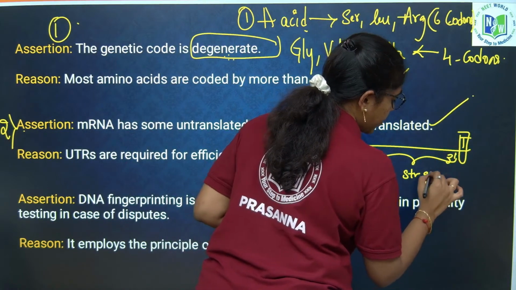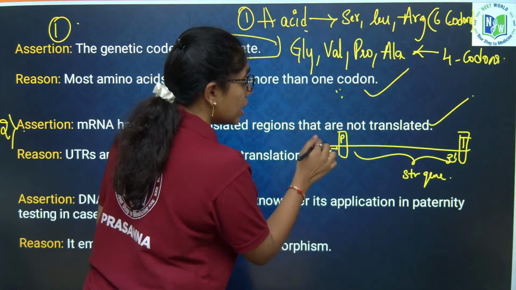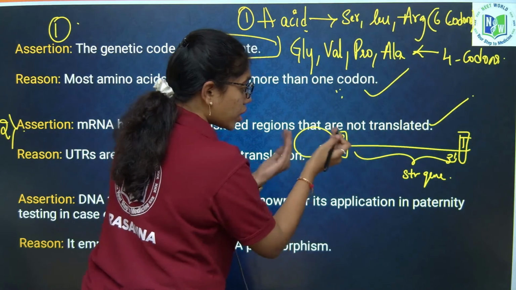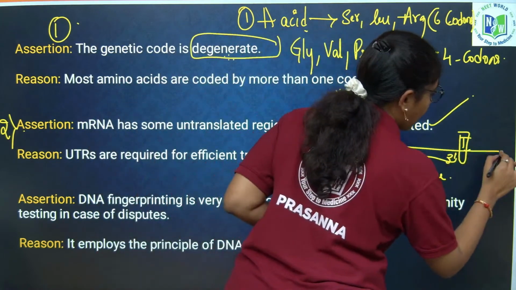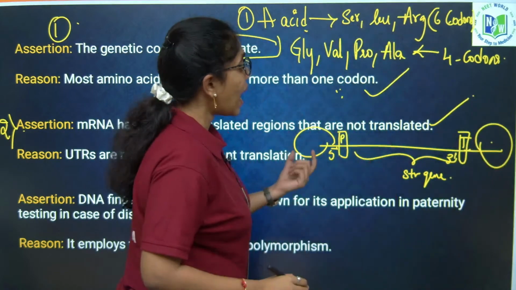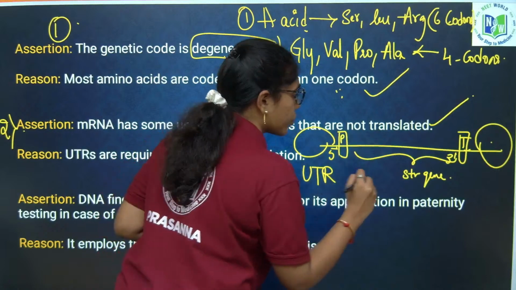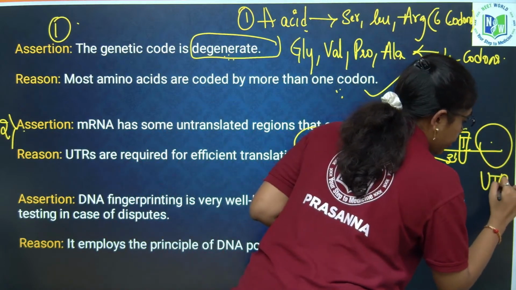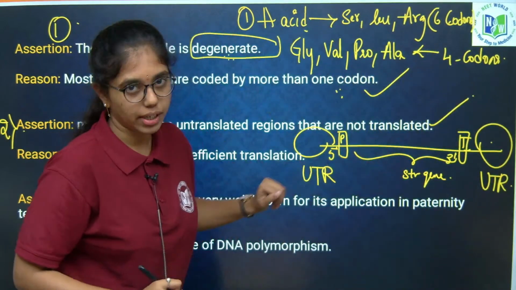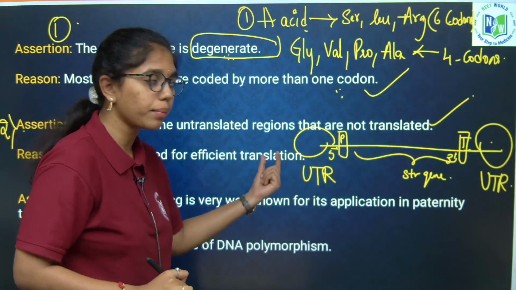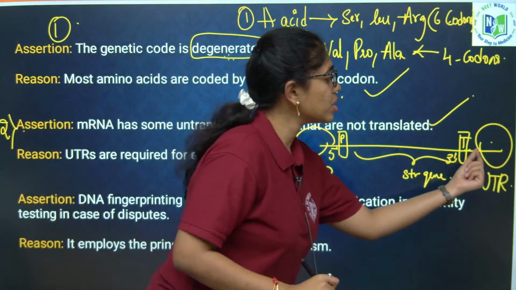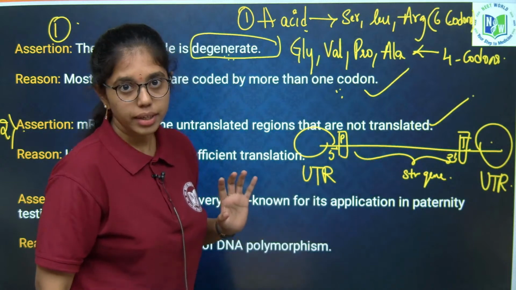The regions before the 5 prime end of the promoter and after the 3 prime end of the terminator are called untranslated regions, UTRs.